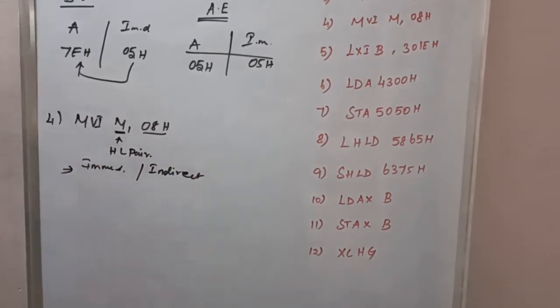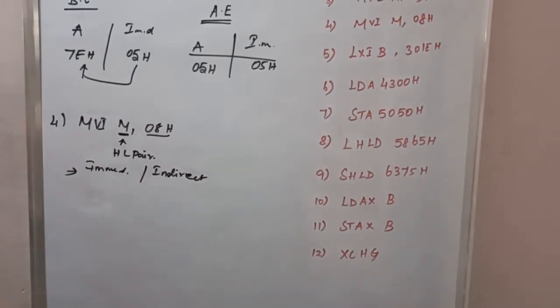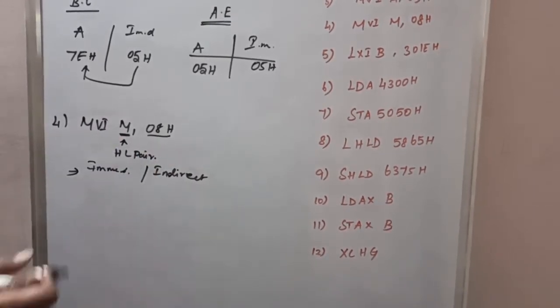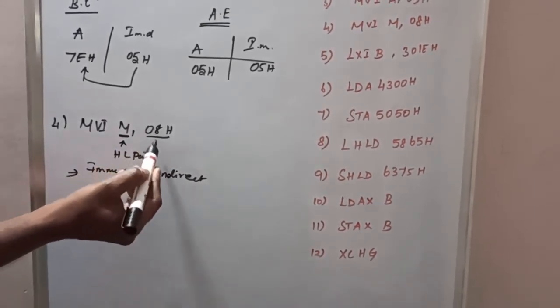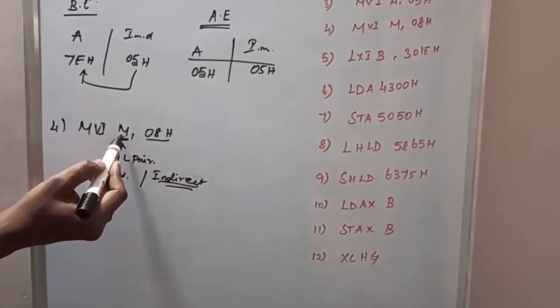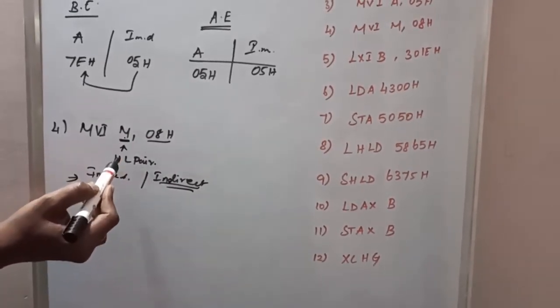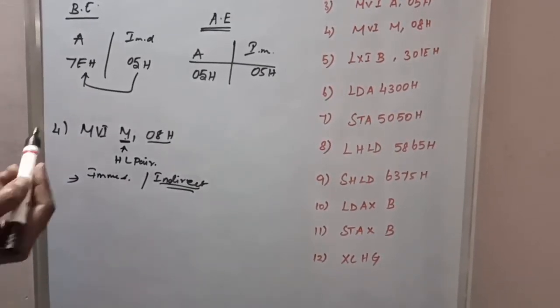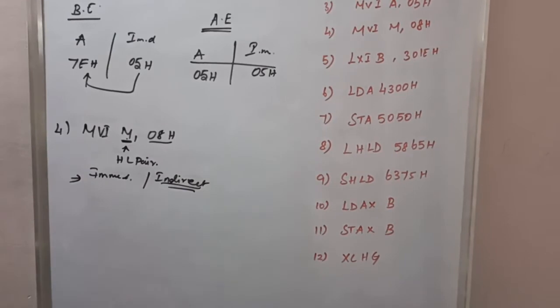This instruction comes under two addressing modes: immediate addressing mode and also indirect. Immediate means here we are passing the immediate data. Indirect means the memory location is passed in the register pair, the HL pair.